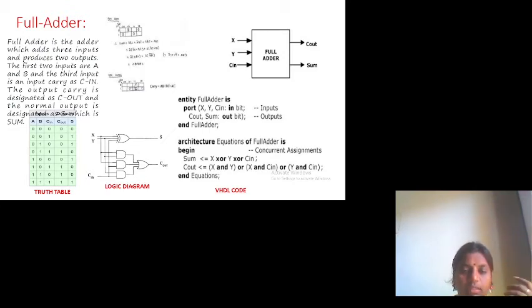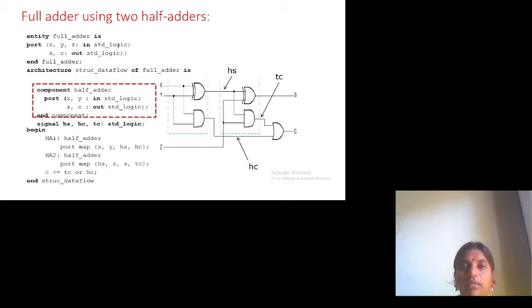Okay, so now the full adder using 2 half adders. You can also write the RTL code just as we have represented the half adder in the earlier module.